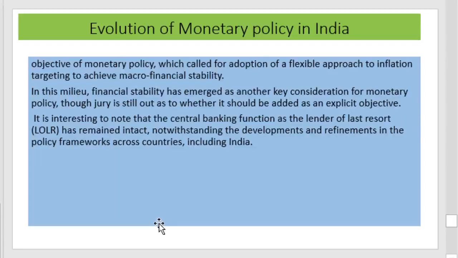The objective of monetary policy called for the adoption of a flexible approach to inflation targeting to achieve macro-financial stability. Financial stability has emerged as another key consideration for monetary policy. That is, during this period, monetary policy in India started targeting inflation, or inflation was considered as a nominal anchor for monetary policy.